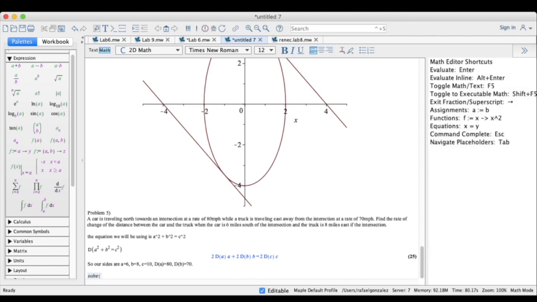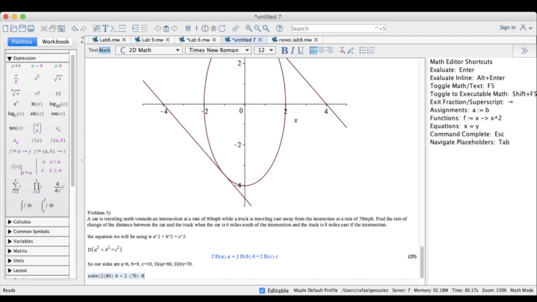And what are we solving for? Well, we're solving for 2 times dA. dA we said was 80. 2 times 80 times 6, plus 2 times 70 times b. b was 8.